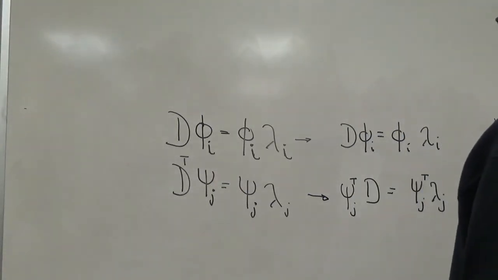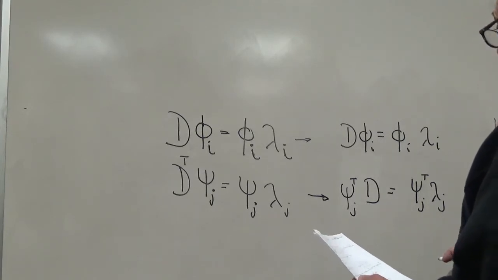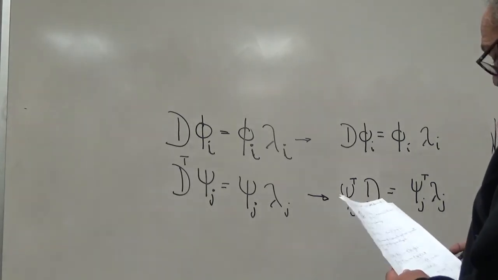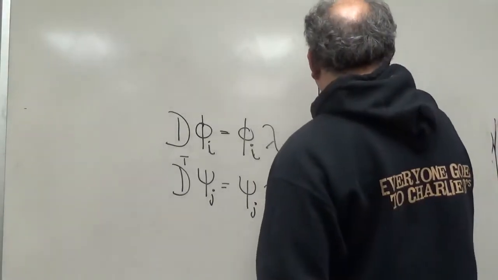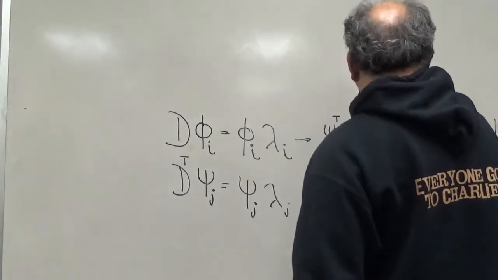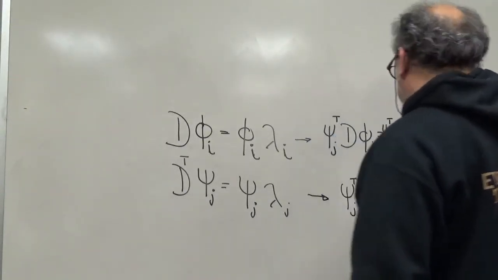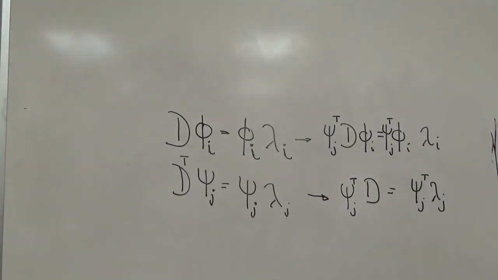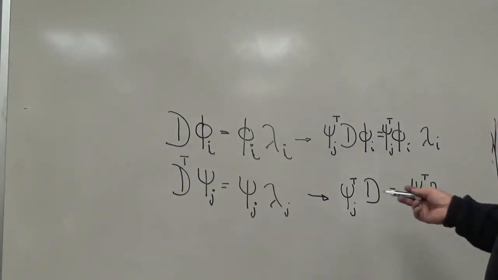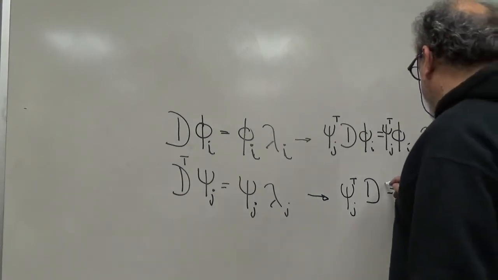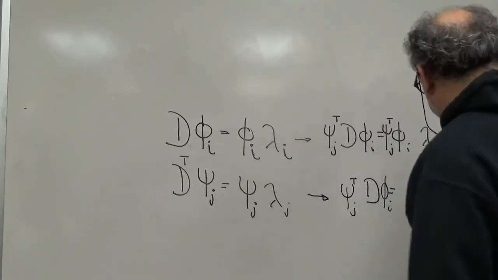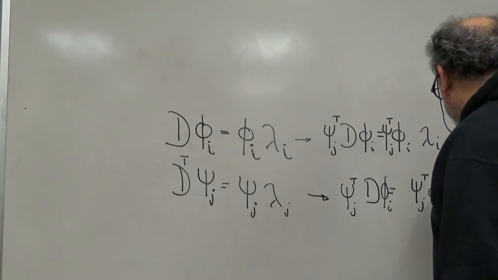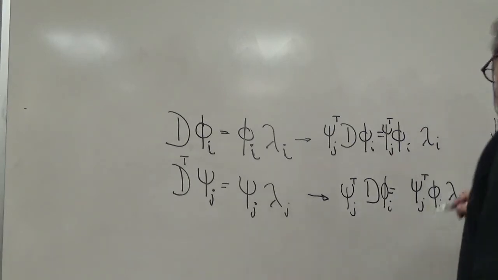Now let's pre-multiply this expression by phi j transpose. So we would have here phi j transpose and here phi j transpose, right? And then let's post-multiply this equation by phi i. So then we have phi i here, and since lambda j is a scalar, I can just move it, and so I have phi i lambda j, right?